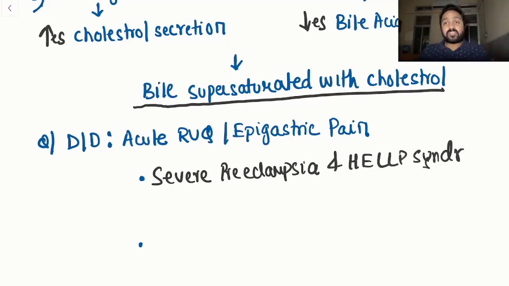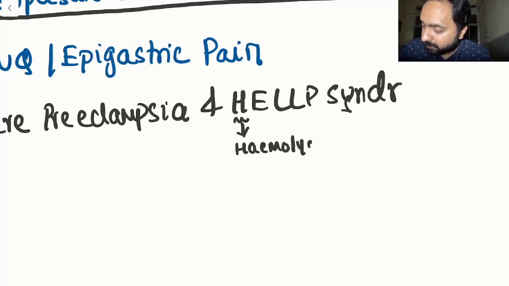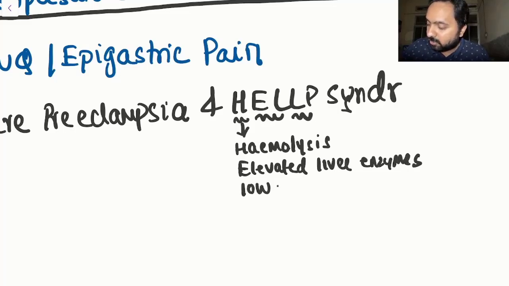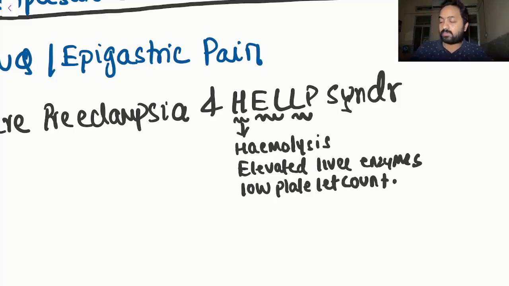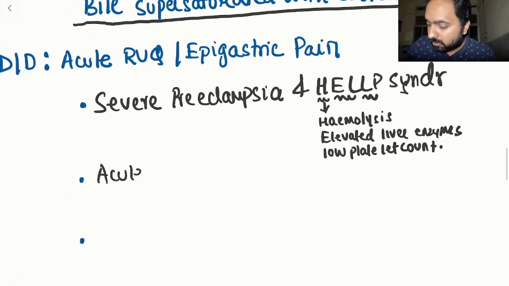I'm pretty sure you must have read this in your gynae, but I'll still write down the full form of HELP syndrome: H for hemolysis, EL is elevated liver enzymes, and LP is low platelet count.